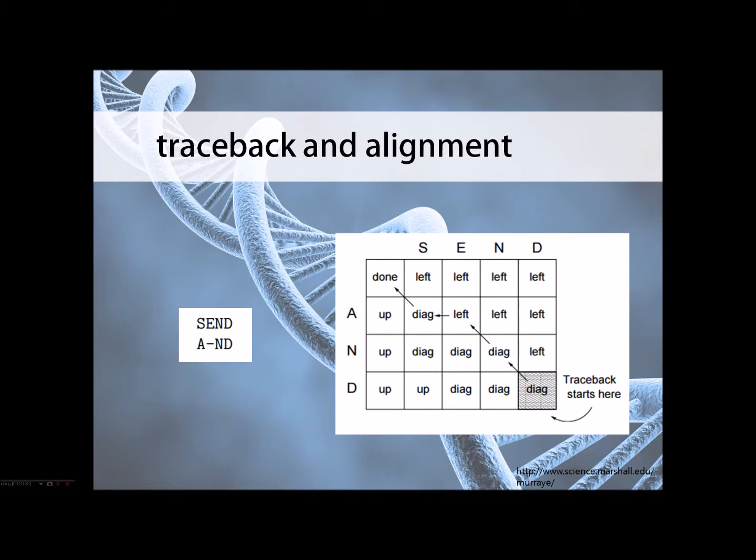This is just an example of tracing back the traceback matrix to obtain the optimal alignment. When you trace back diagonally, you are aligning the sequences.